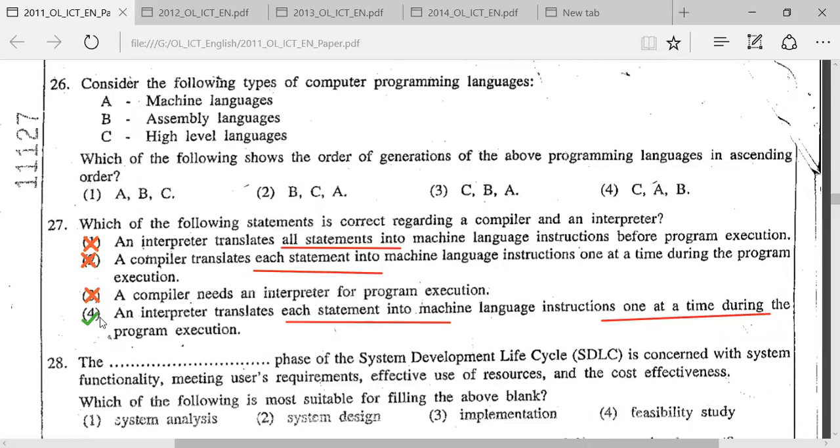You can refer to your notes in your exercise book. That's the end of question number 27 and also the end of the 2011 paper in programming.